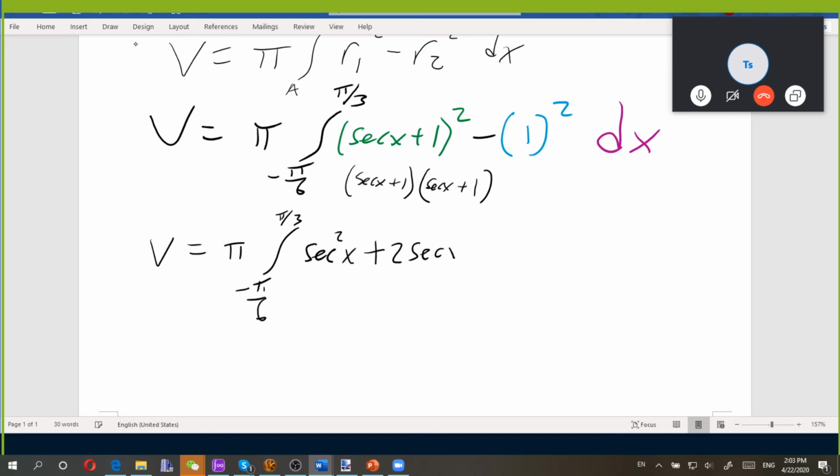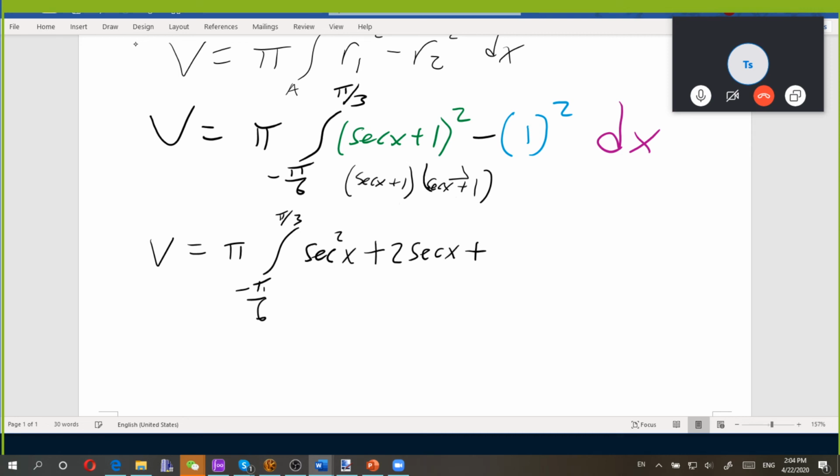Two secant x, okay, plus... Okay, we had secant times secant is secant squared, plus secant times 1 plus secant times 1 is 2 secant x, and then plus 1 times 1 is our last term.